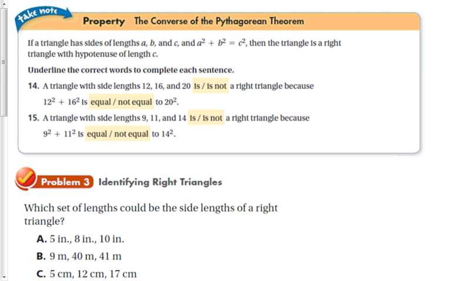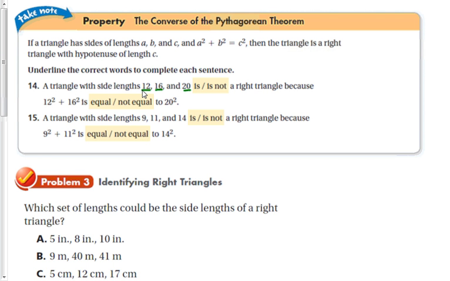All right, another thing we could use the Pythagorean theorem for is to decide whether or not a triangle is a right triangle. If it has side lengths a, b, and c such that a squared plus b squared equals c squared, then the triangle is a right triangle with the hypotenuse being the length c. So 12, 16, and 20 are the sides of the triangle.